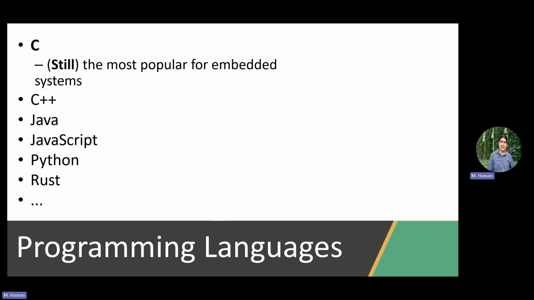Now, when it comes to programming languages, one of the differences for an embedded system compared to a general purpose system is that there are so many high-level programming languages for general purpose systems. What is the most famous one? Python nowadays, yeah. Well, every 10 years maybe you have a different language, right? But C is also very common. C++, Java, JavaScript, C#, whatever language. There are so many languages, right?